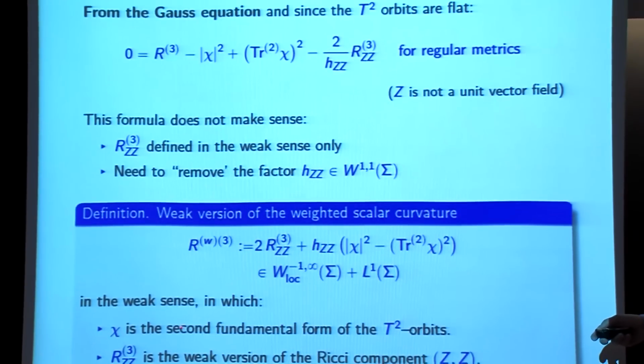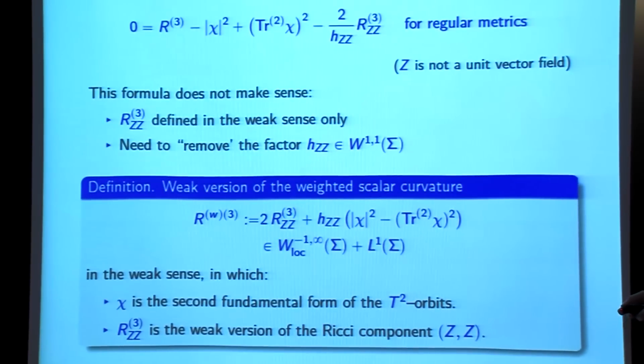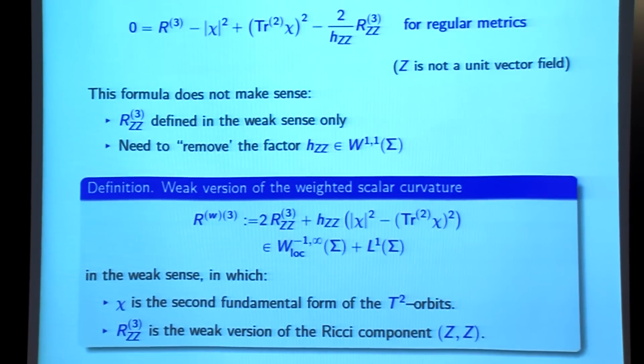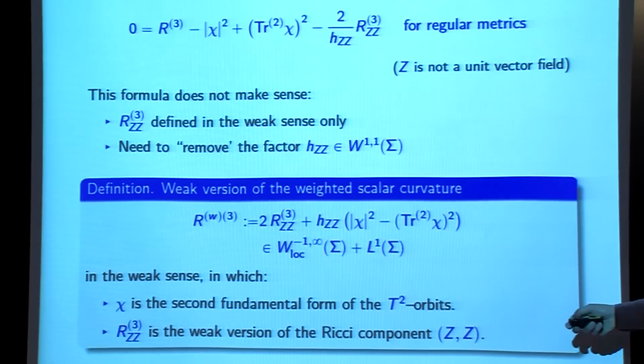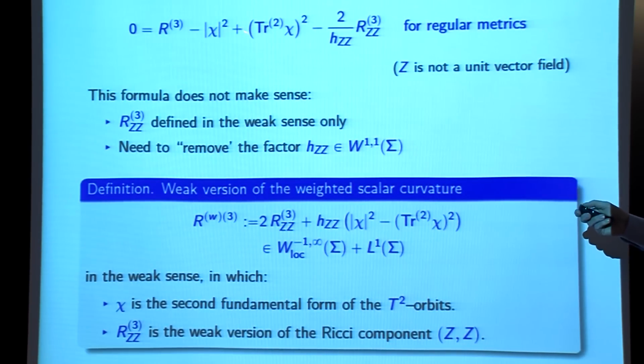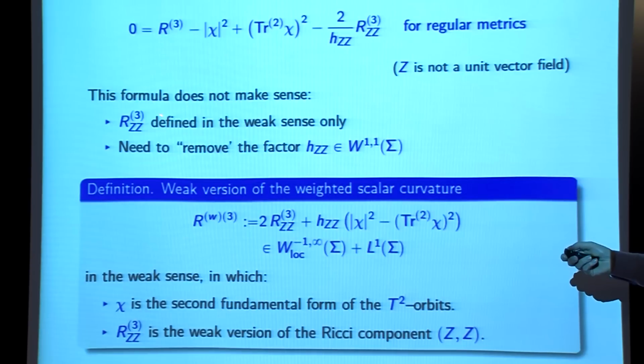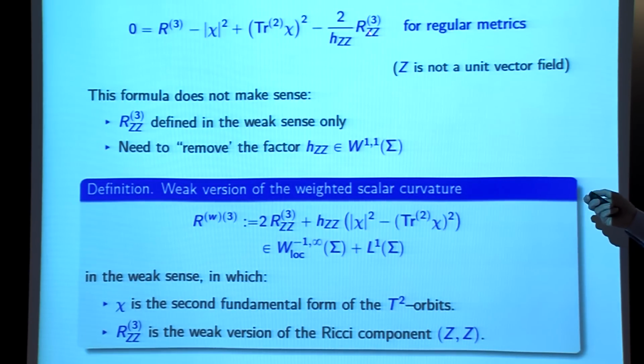Chi is the second fundamental form of the T2 orbits, which we defined earlier. So it appears here. RZZ3 we just defined, but only in a weak sense, so this is a distribution. But because we need to normalize this quantity by the norm of Z, which is not smooth, and this quantity is a distribution, this is not very well defined.